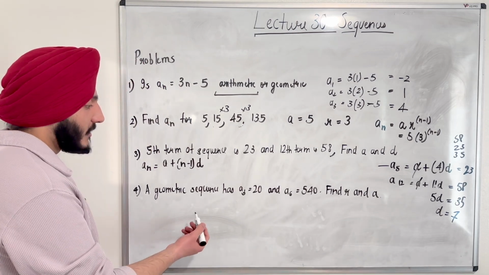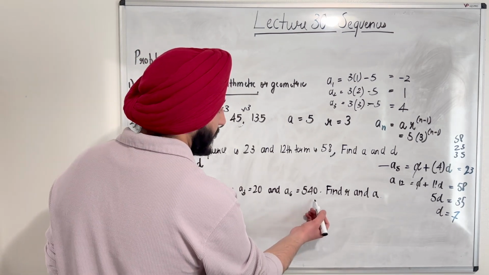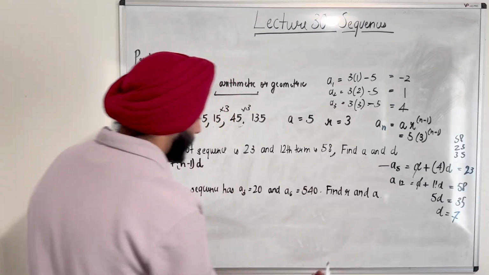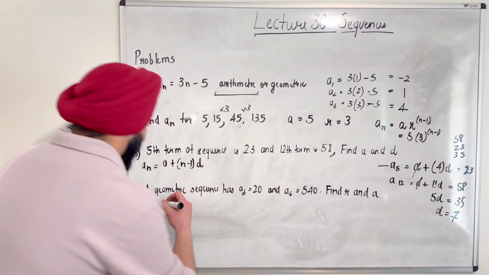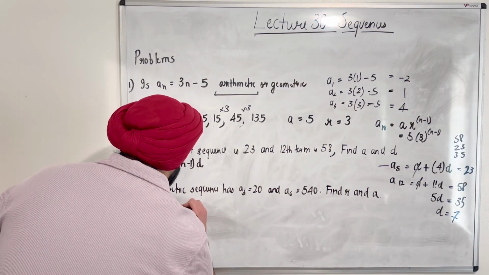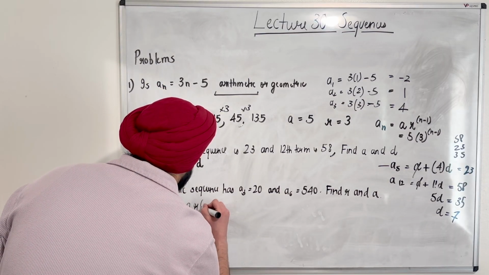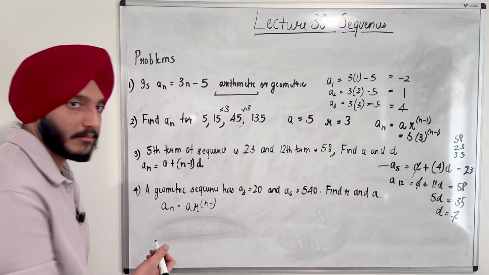A geometric sequence has a3 equal to 20 and a6 equal to 540. Find r and a, right? Once again, I'm going to use the formula for the geometric progression. I know an is equal to a multiplied by r to the power of n minus 1, right?